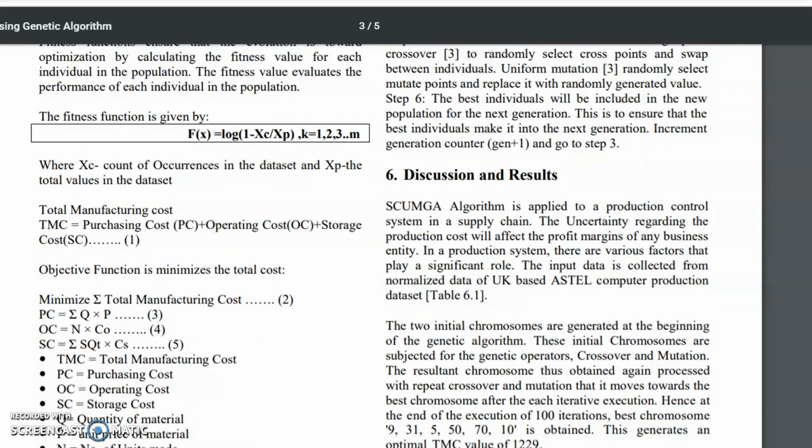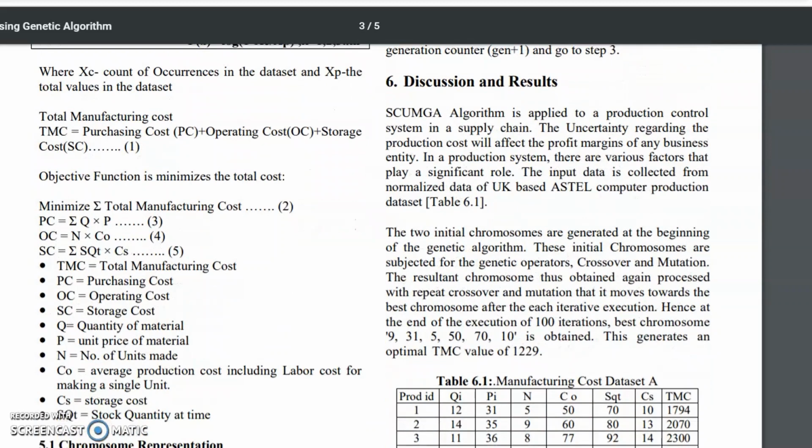So the total manufacturing cost, we are going to minimize it. How we are going to compute it is, first we find out the purchasing cost, then the operating cost, then the storage cost. Purchasing cost is equal to Q into P, that is quantity of the material into unit price of the material.